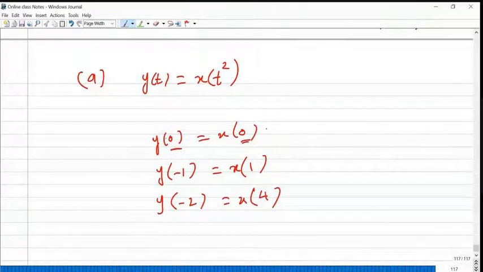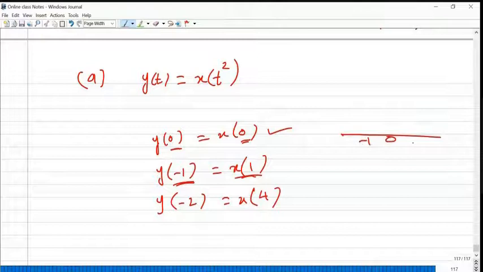Fine. But when you substitute t equal to minus 1, the system output depends on future input, x of 1.